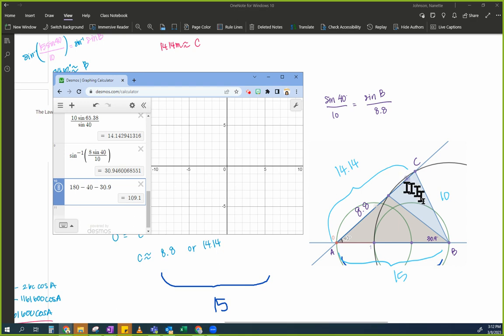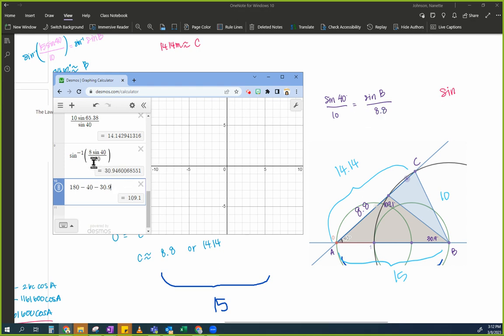Okay, so then you would do the same thing to find the bigger angle in here, just switching out 8.8, but now we're going to use 14.14. So I will write that out in pink maybe, so it'll stand out a little bit more. So I go sine of 40 over 10 equals sine of B over 14.14.